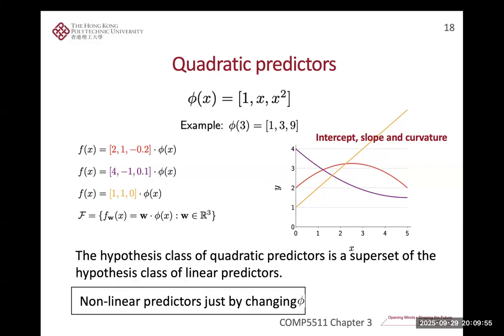So here, we can abstract another hypothesis class, which is still the same thing, the inner product of the weight vector with the feature extractor. Is this still linear? Linear with what?